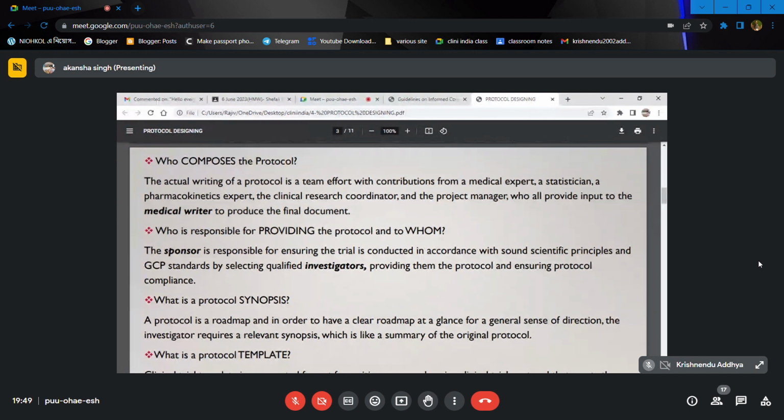It is the responsibility of the sponsor to ensure the protocol is made in the correct way with all the parameters. It has to be verified with the regulatory authority, and then he or she provides it to the investigator. Then it is assured that the investigator should perform the clinical research as per the protocol. He should be compliant with the protocol.